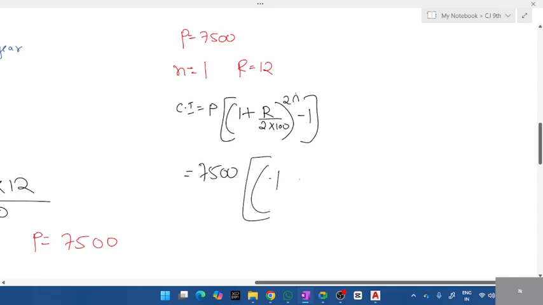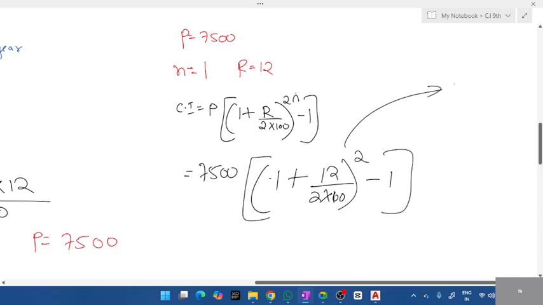7,500 into 1 plus 12 divided by 2 into 100, whole power 2 into n. 2 into 1 is 2. Minus 1. 2 3s are 6, 2 50s are 100. Okay, till here I'll do it. 53 divided by 50. You get 53.